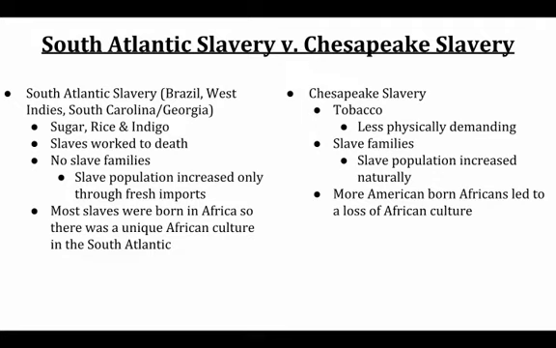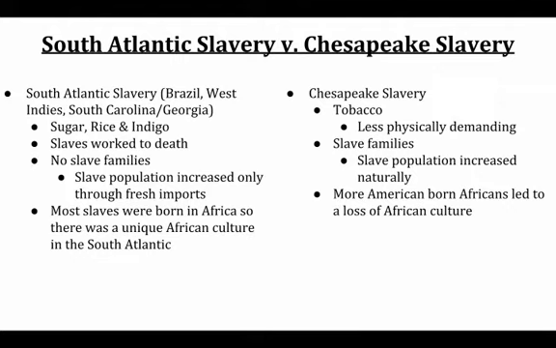And so we constantly have an influx of African culture being poured into this South Atlantic system, in South Carolina and the West Indies. Whereas in the Chesapeake, while tobacco is still physically demanding and it takes a lot of people to grow it, it's not back-breaking work like sugar and rice can be to farm. And so as a result, we see more slave families developing in the Chesapeake.